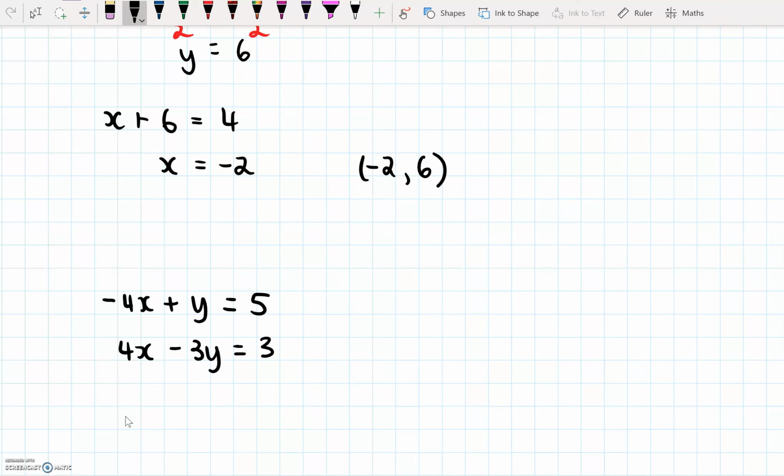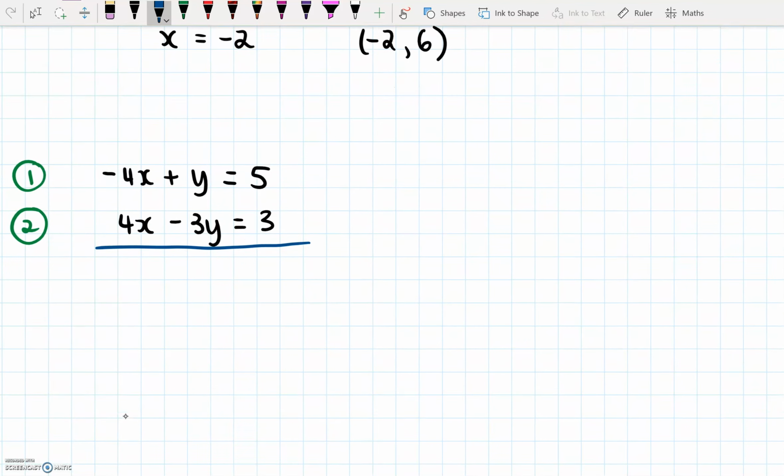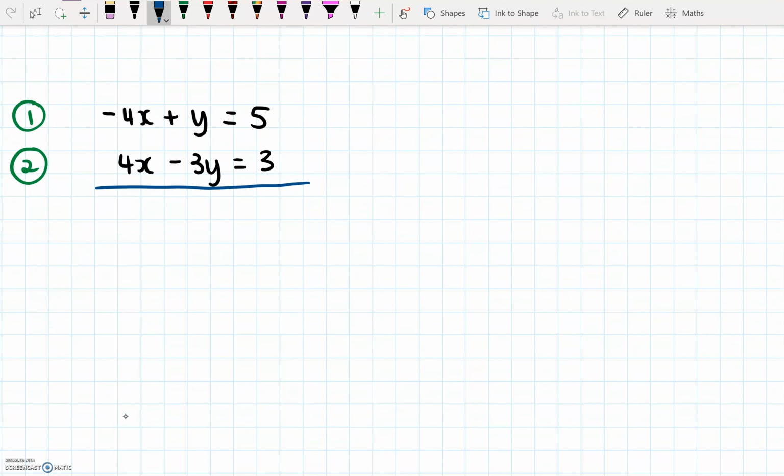So we're going to have a look at this one. So this is equation 1 and this is equation 2. Now, in this case, if we simply do equation 1 minus equation 2, then we do minus 4x minus 4x. And if you do minus 4x minus 4x, what you end up with is minus 8x. It doesn't take us to 0. We haven't eliminated the x's there.